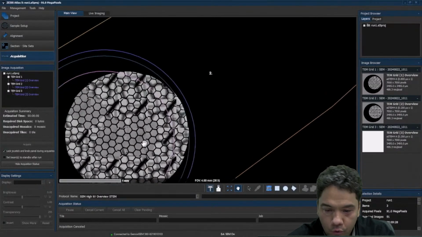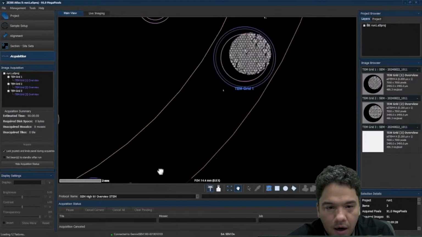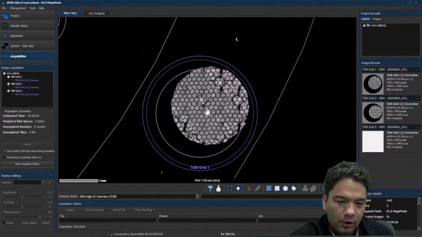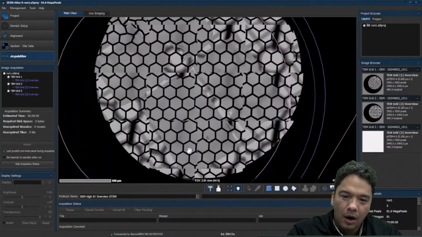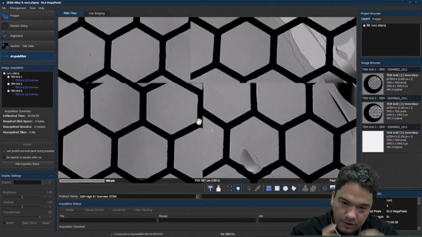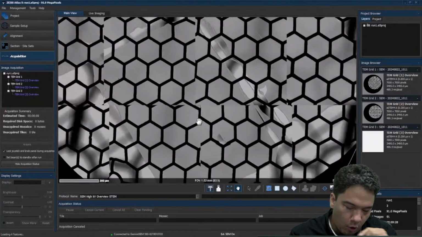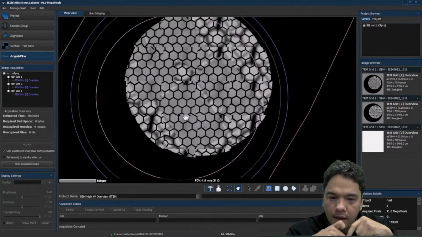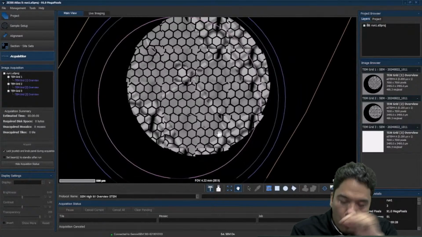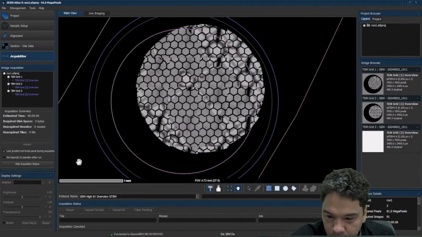Of course, we can align this, but now we only want a really rough idea of where the ultrathin cuts are located, and now we can define our region of interest, right?